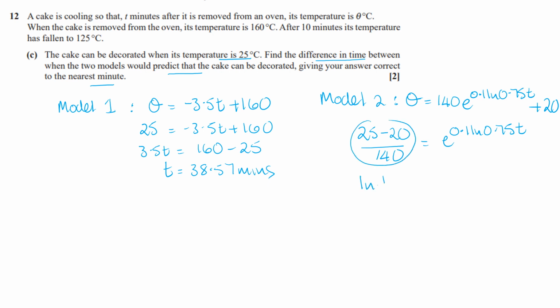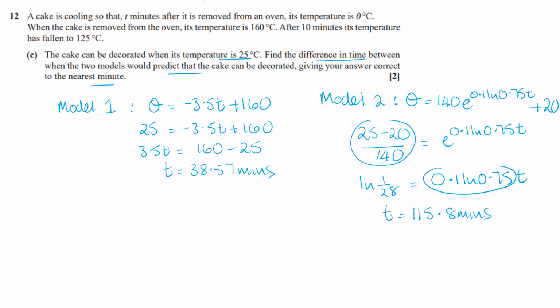If we take the ln of 1 over 28, that will equal the 0.1 ln of 0.75t. So ln of 1 over 28, just divide by this term. That gives us that t is equal to 115.8 minutes.